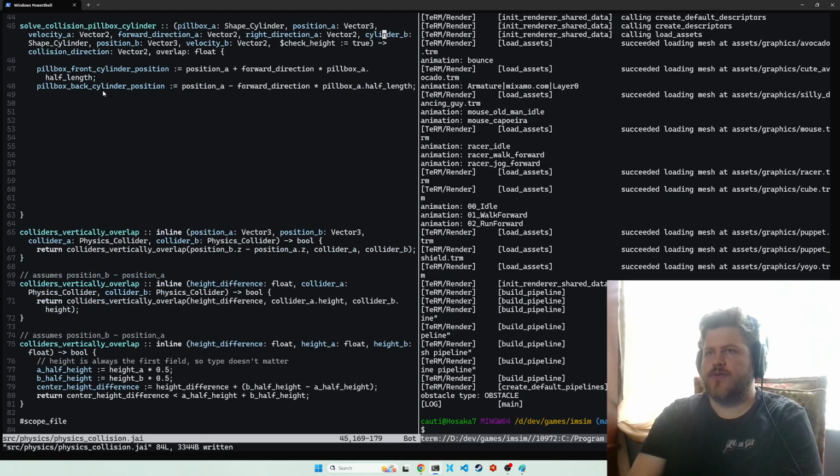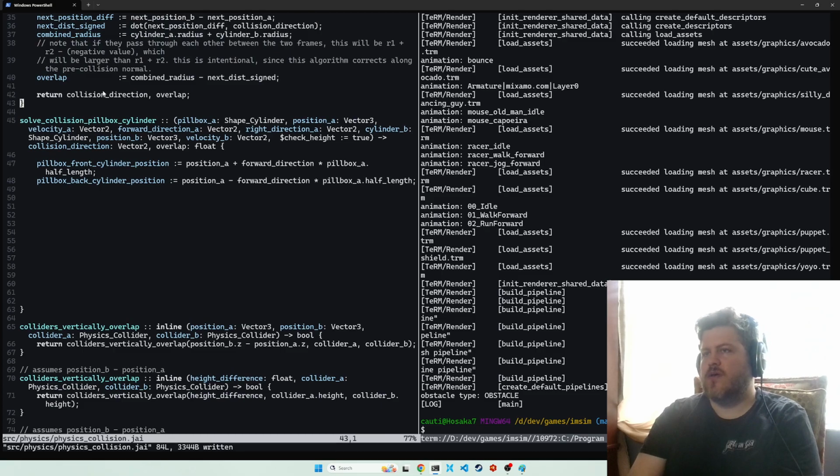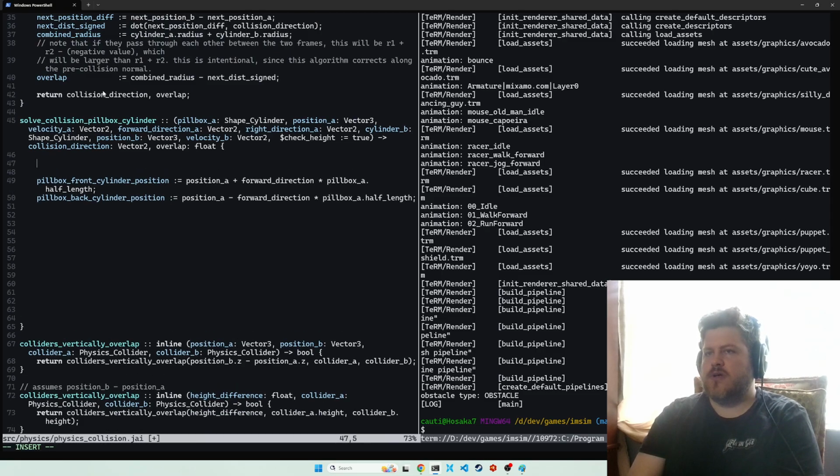Alright, so the first collider, future position A is just going to be position A plus velocity A. Actually, let's say position A dot xy, because we're moving in 2 dimensions here, plus velocity A times delta time.